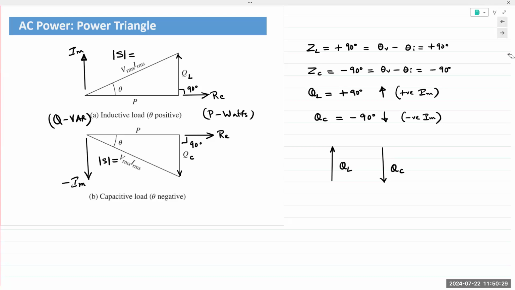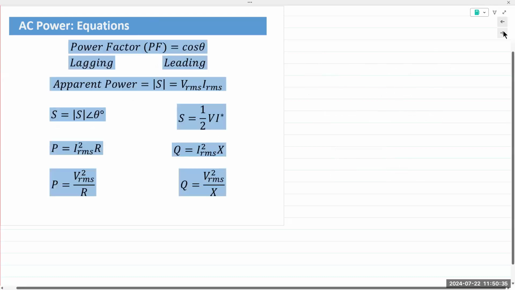Any questions? Okay, here are some of the other equations.